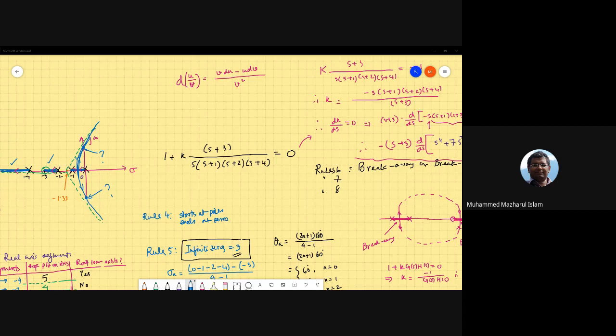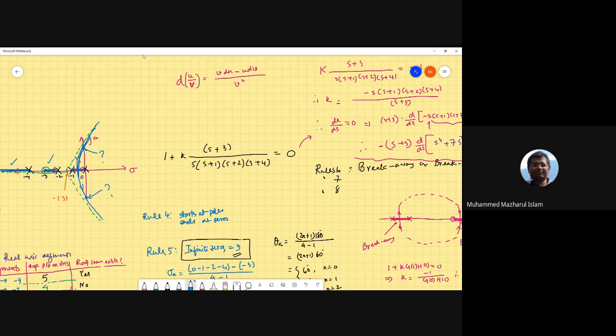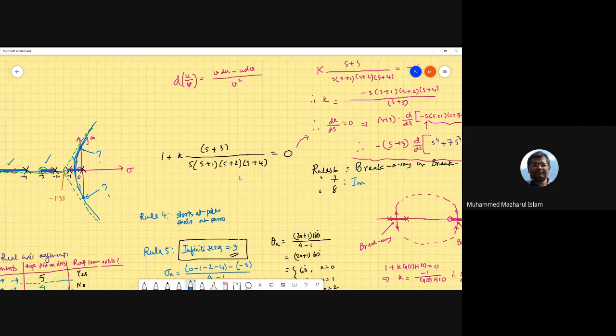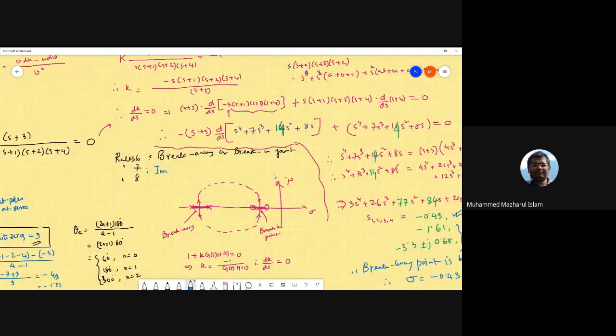So you only need to find one. If you get the top one, because of symmetry, you can say that the other one is just negative. Okay? So we want to find out the imaginary axis crossing point. Okay, so I'm going to write down the name of the rule here. Imaginary axis crossing point. That's rule number 7.